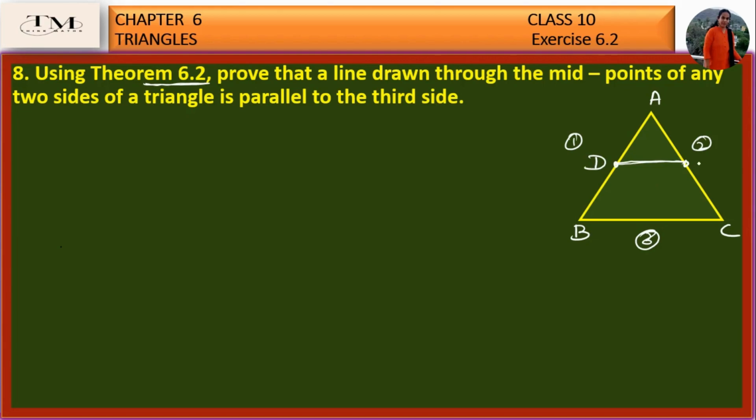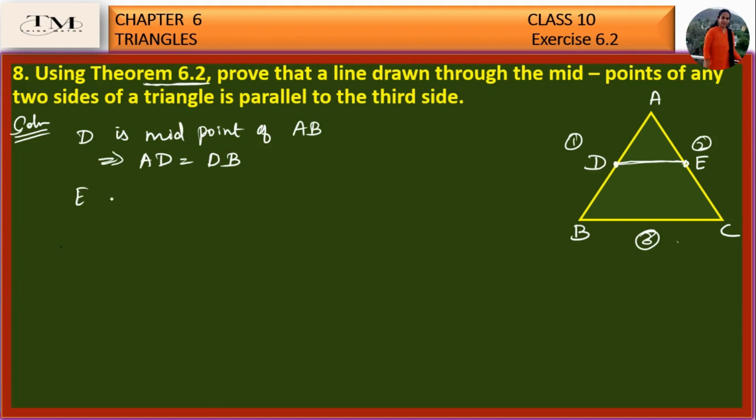So let us keep the midpoints as D and E. A line drawn through the midpoints of two sides is parallel to the third side. So we have to prove DE parallel to BC. What is given? D is the midpoint of AB, so AD is equal to DB.